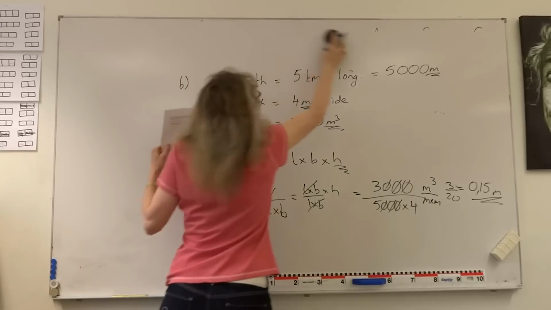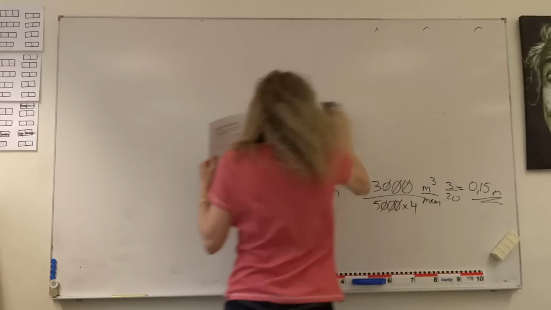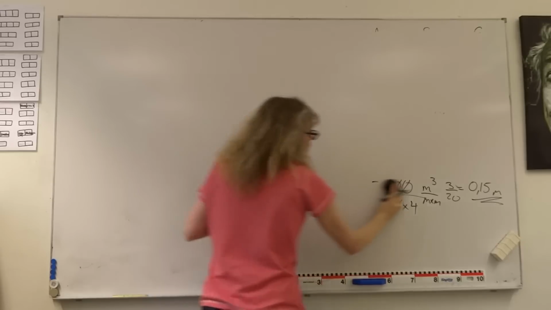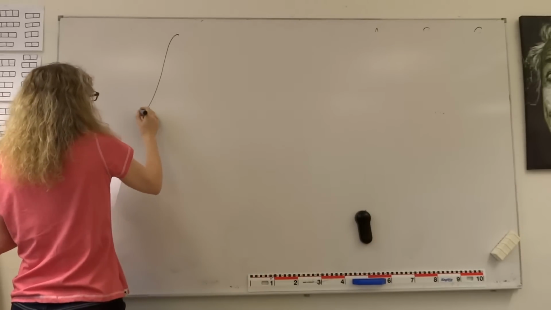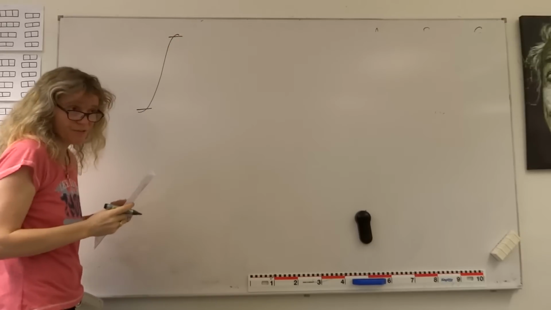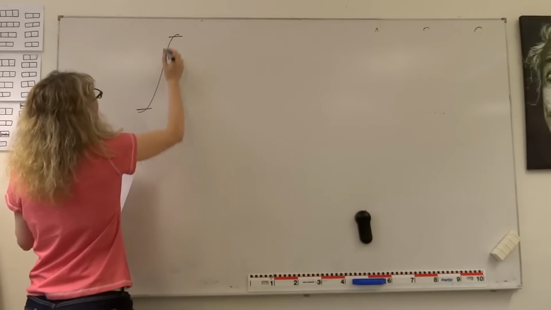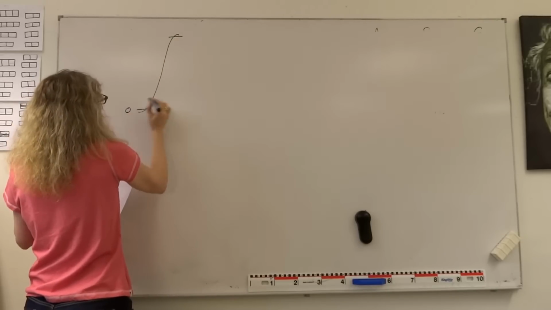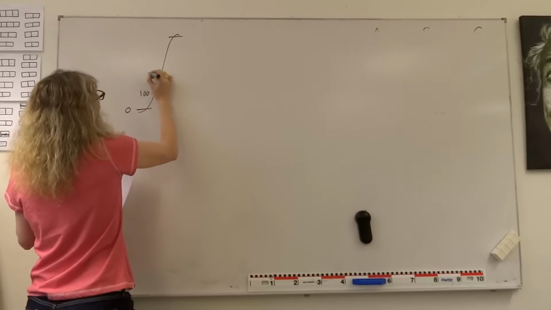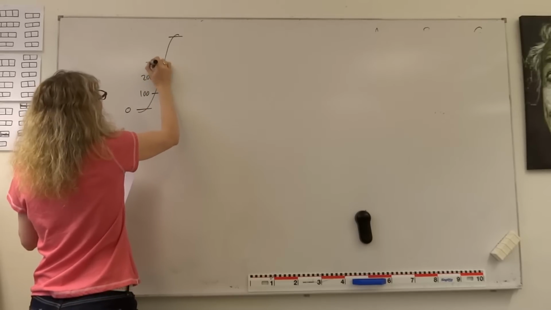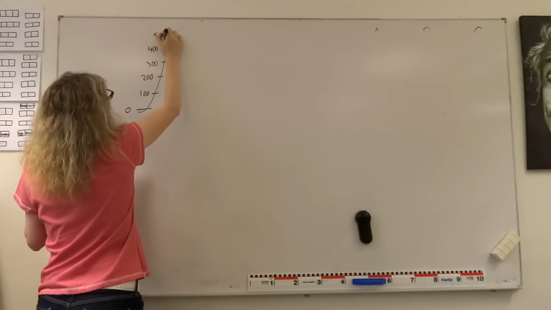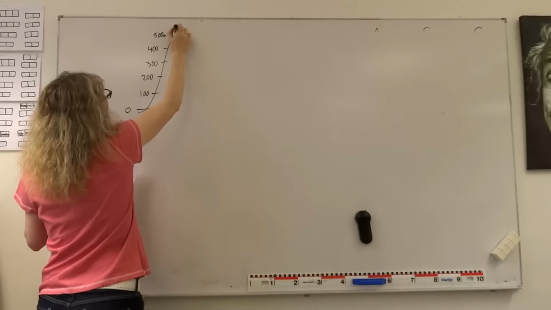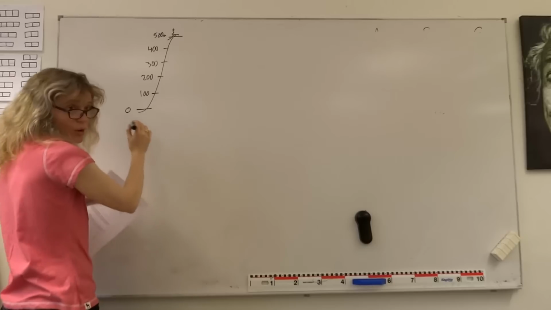Then we have the next question. And here's where a little sketch is quite useful. We have a height difference of 500 meters. So if we're starting here, and we call this one 0, 100, 200 meters above, 300 meters above, 400 meters above, and 500 meters above. So this is where we're starting, our skier, and he's coming in the goal here.